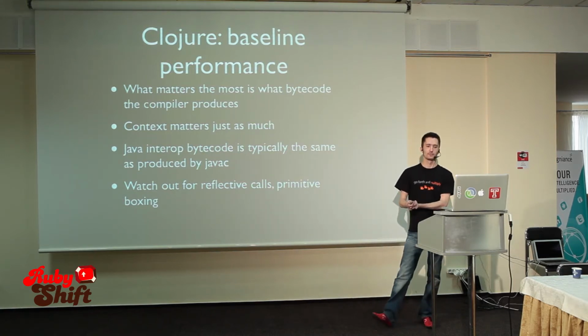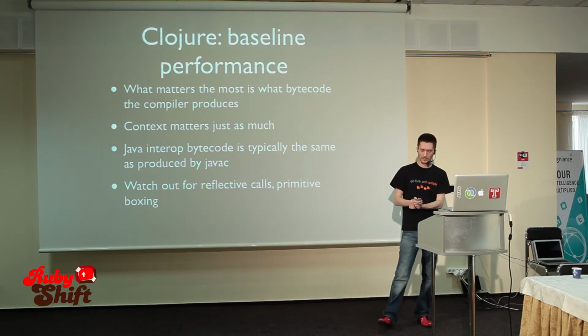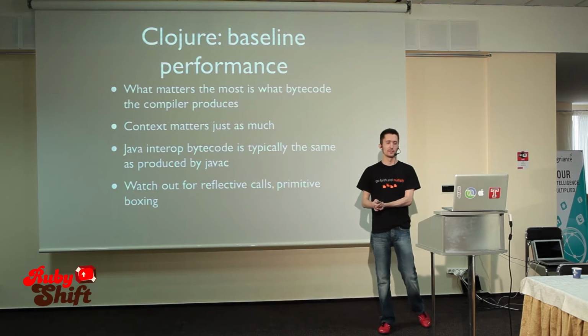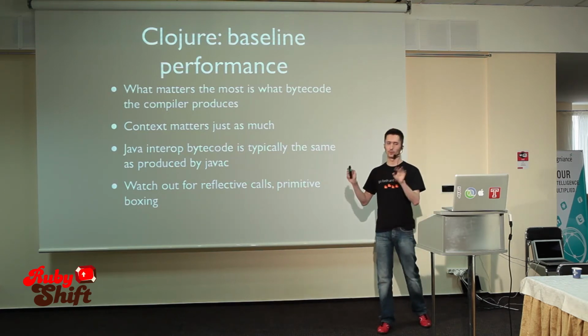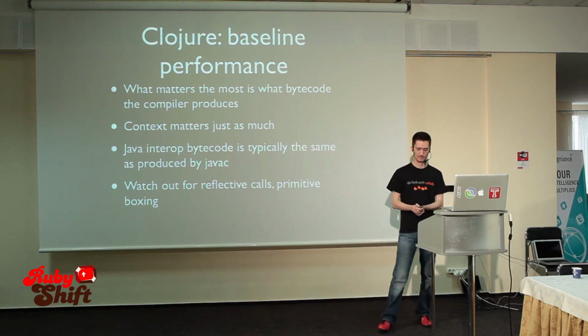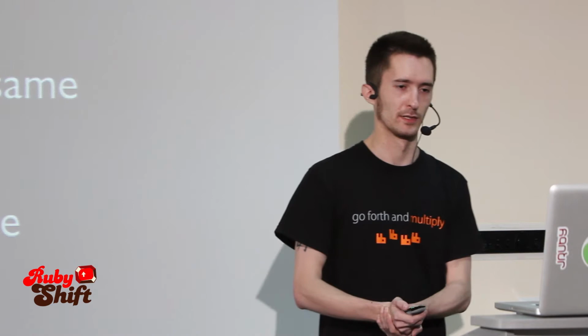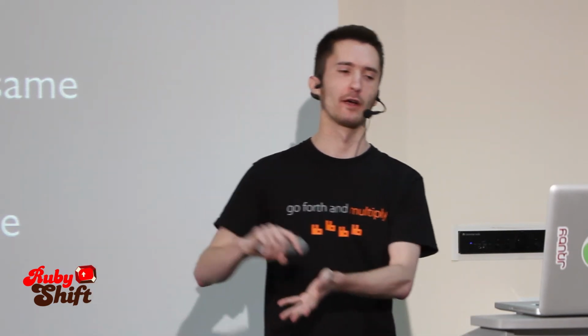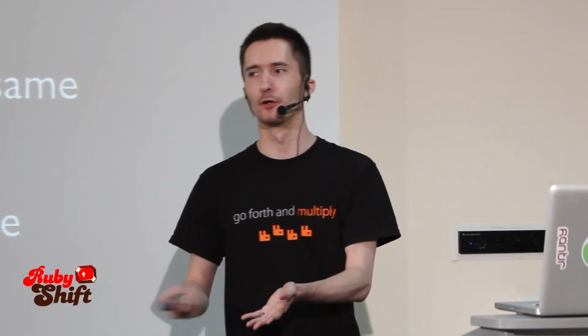Another thing is primitive boxing. On the JVM there are numbers that are primitives and numbers that are real, quote-unquote, objects. This distinction is largely historical, but that's how it is. And constantly turning one into another usually takes time with no productive work.